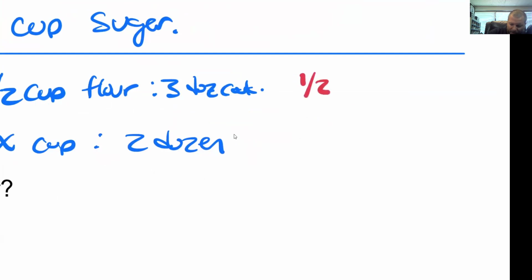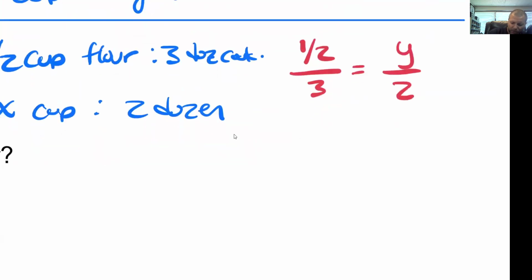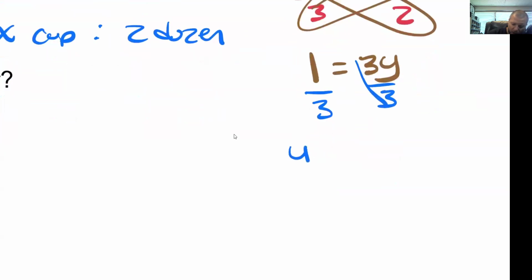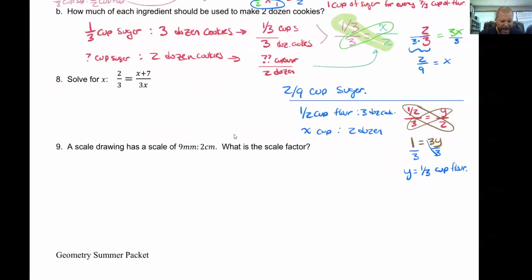We can have a half over 3 is equal to my unknown. I'll use a different variable, like y over 2. When we cross multiply, it's a little bit nicer because 1/2 times 2, half of 2, is 1. 3 times y is 3y. Divide this side by 3, divide this side by 3, and we're left with y equals 1/3 a cup of flour.